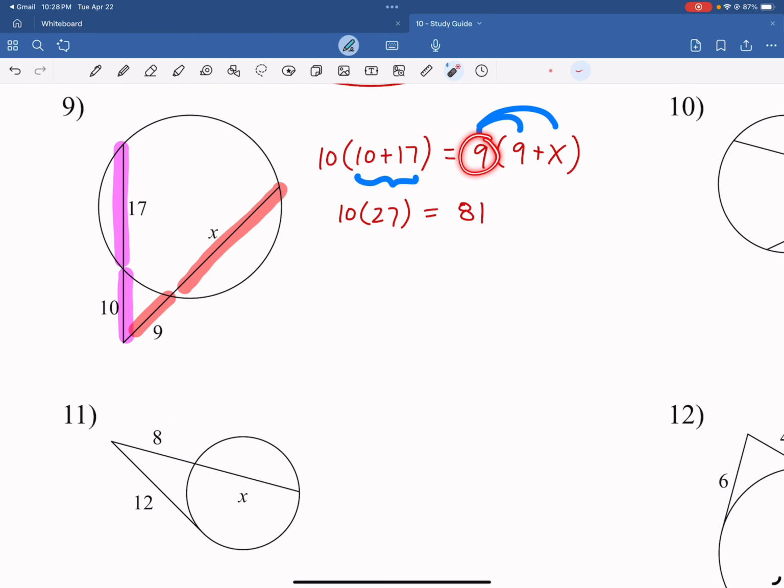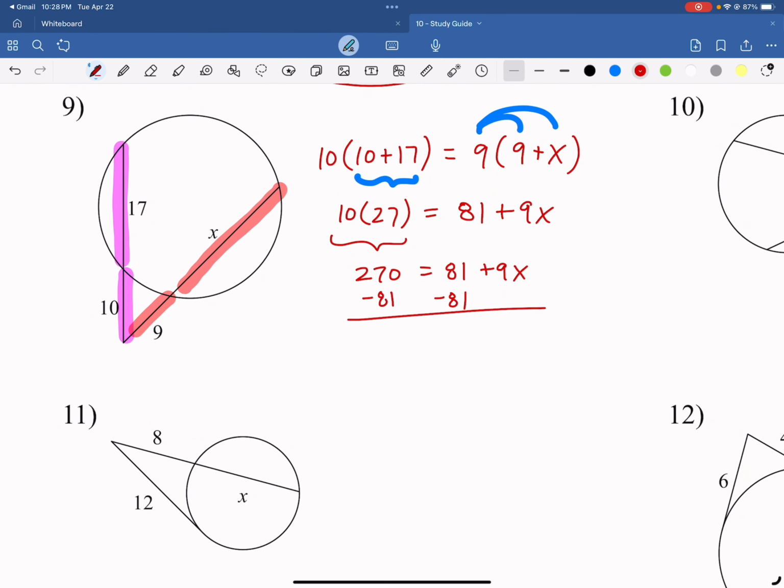We distributed, so 9 times x becomes 9x. And then at this point, it's just a matter of simplifying. So 270 is equal to 81 plus 9x. Subtract 81, subtract 81. These two cancel. Boom. 270 minus 81 is going to be 189 is equal to 9x.